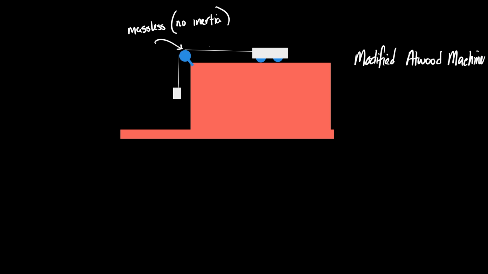But knowing that a pulley is massless is telling you something else that you need to get down and make sure you understand. If you have a massless pulley, the tension in the string is the same everywhere. I'll say that again. If you have a massless pulley, the tension in the string is the same everywhere.